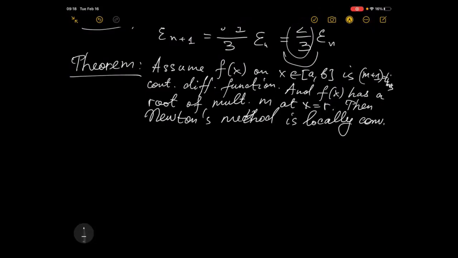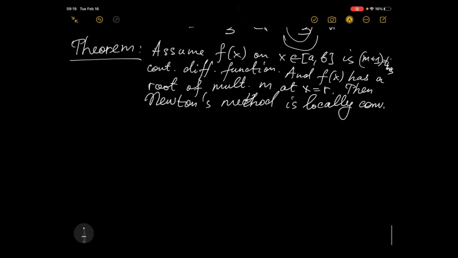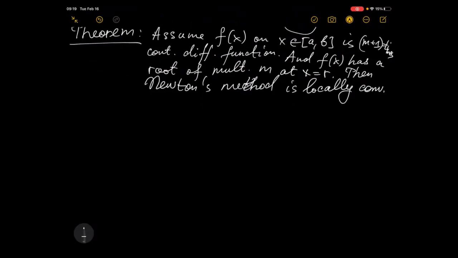What does it mean locally? If you start close enough to the root, right? Because the theorem which we used, this Banach theorem, or if you like, the theorem for convergence of fixed point iterations, is only a local statement. So it means that you need to start close enough to the root.